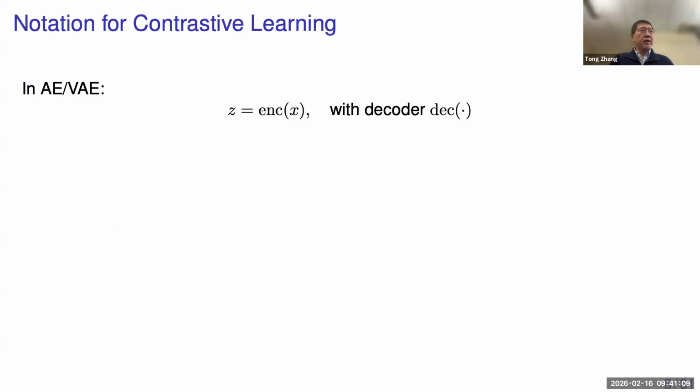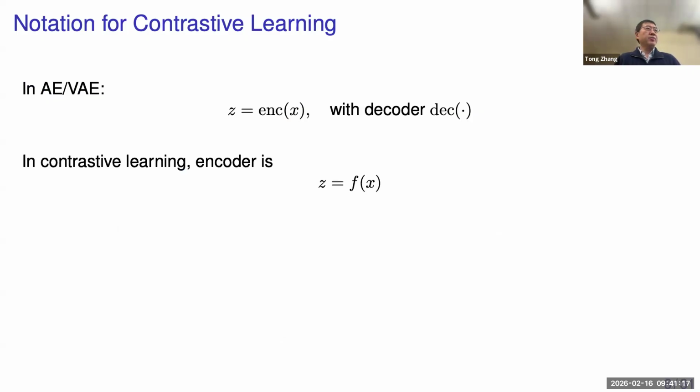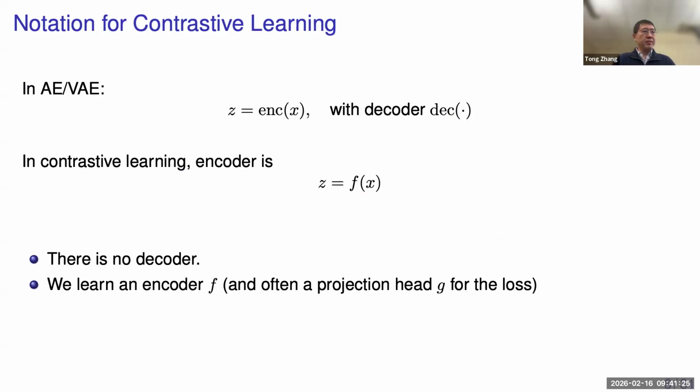Now let's talk a little bit about the notation, which we will change slightly because we don't have a decoder anymore. In the VAE, we have an encoder and a decoder. In contrastive learning, the encoder is just f. There's no decoder. We only learn an encoder, which we just call function f.